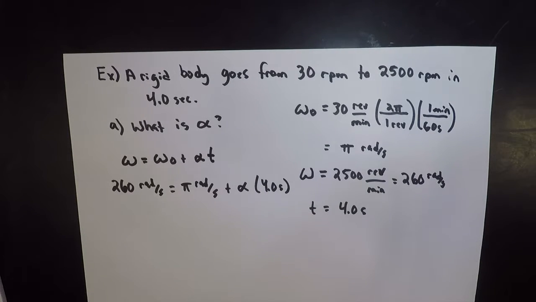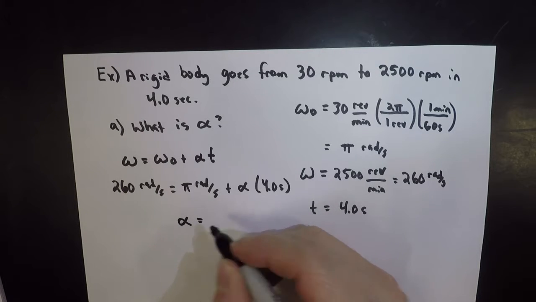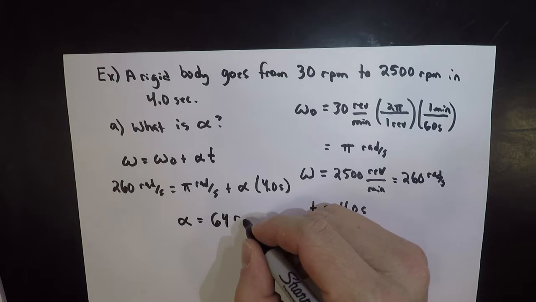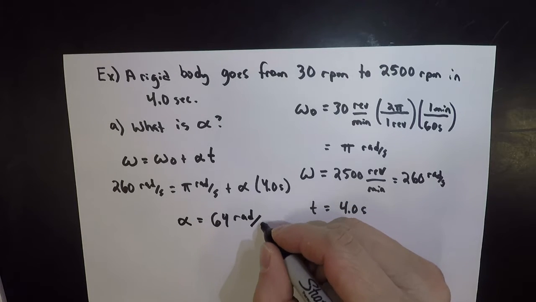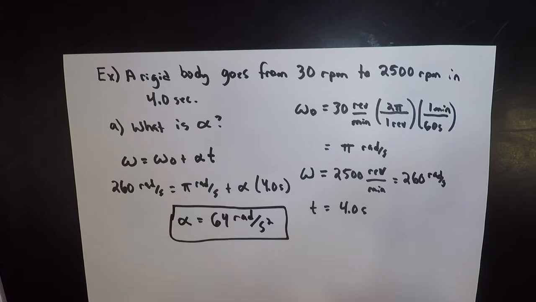So 260 minus pi, divided by 4, gives me alpha. The rate at which this object, say the engine of your car, is gaining rotational speed is 64 radians per second squared. So every second it spins 64 radians per second faster.